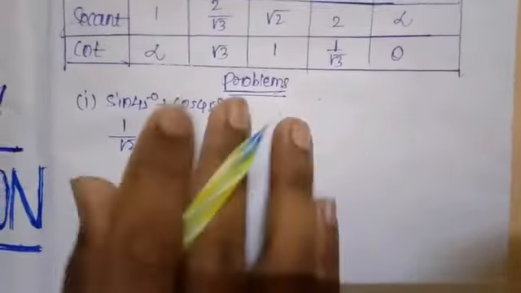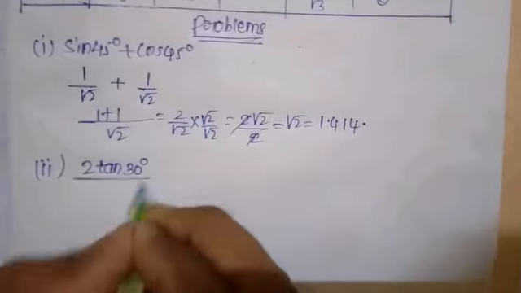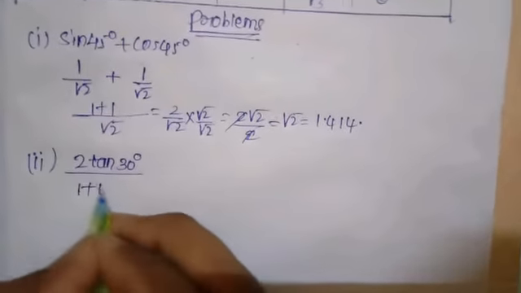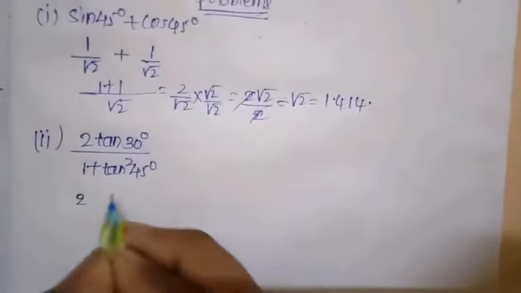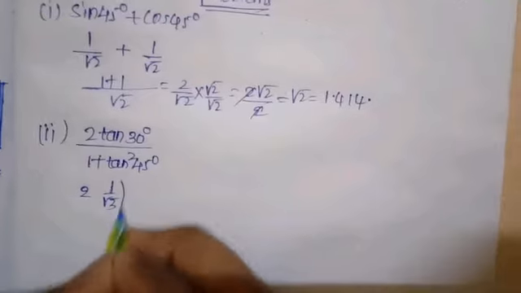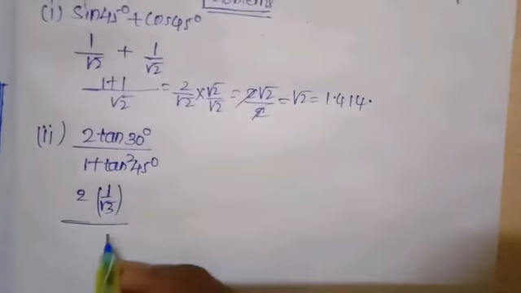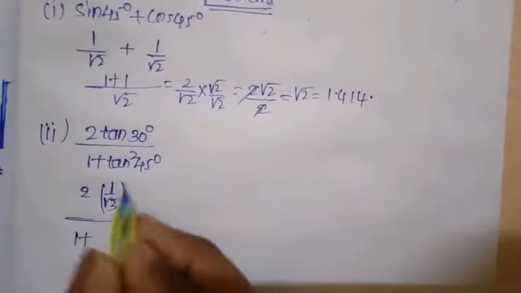Next, see the second problem: 2 into tan 30 degrees by 1 plus tan square 45 degrees. First, 2 into tan 30, which is 1 by root 3. Next, 1 plus tan square 45.